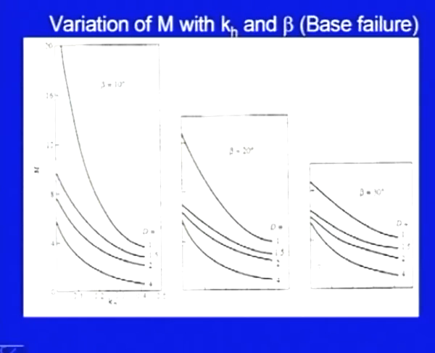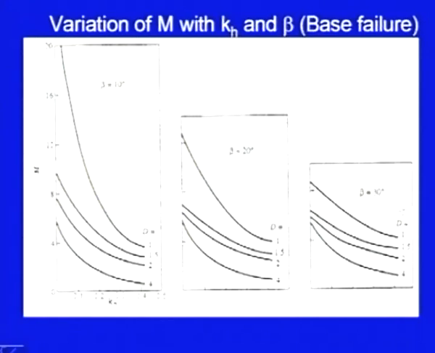Similarly here now the values are not written on the y axis and x axis, they are the same, kh here, m here, and this particular value is 4, this is 8 and this is 12.